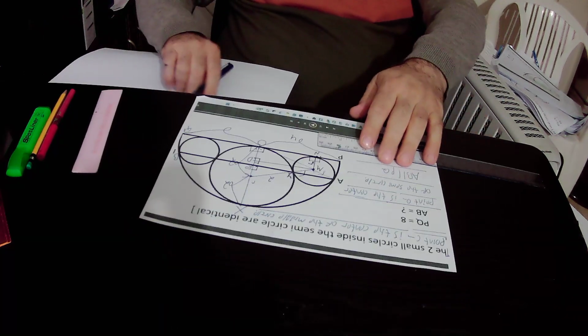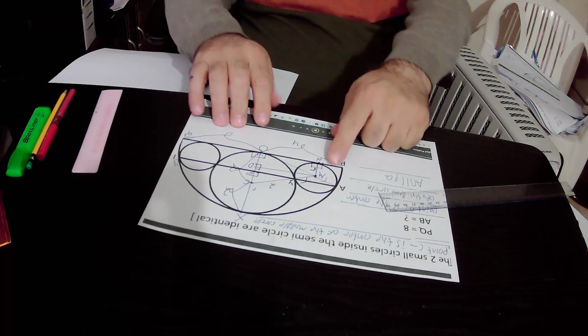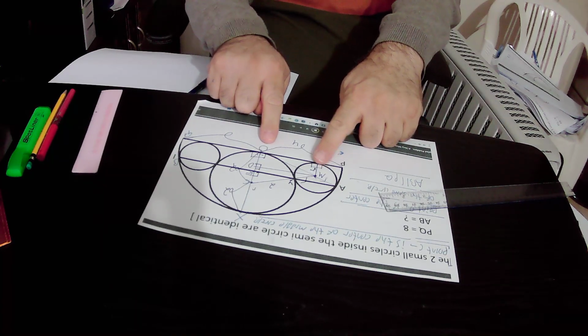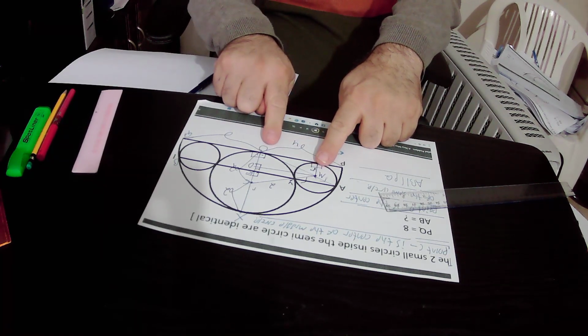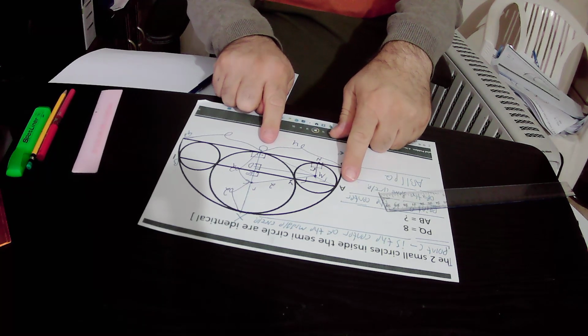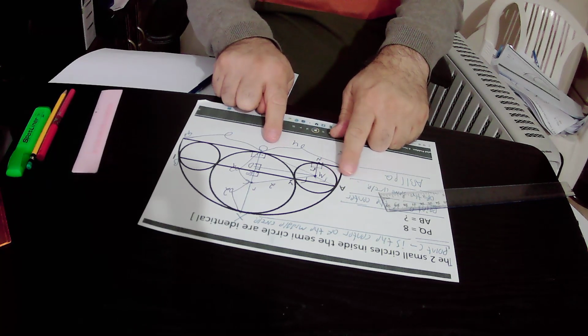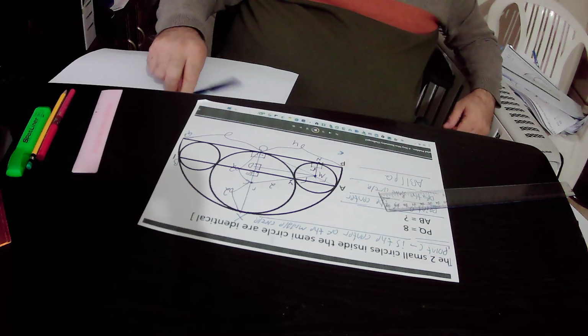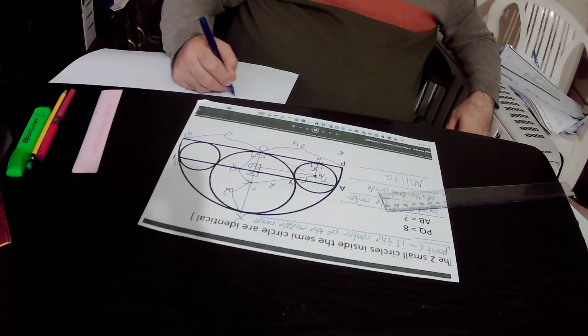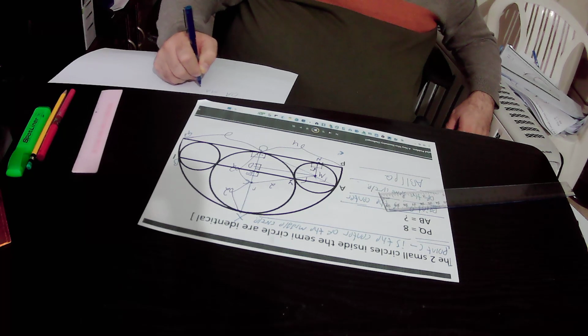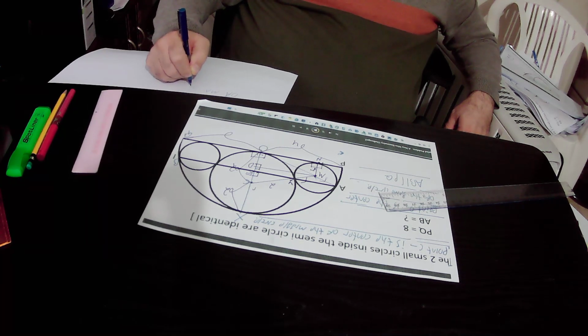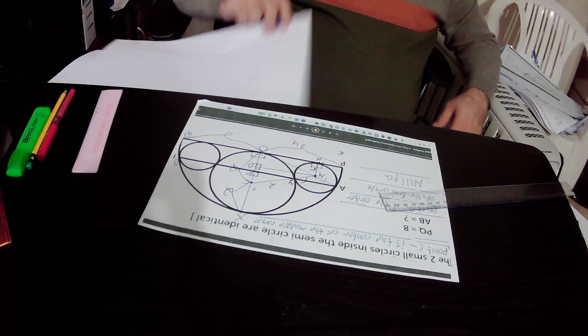And what is the value of MO? The value of MO is actually OA minus MA. OA minus MA equals OM. I'll repeat again.